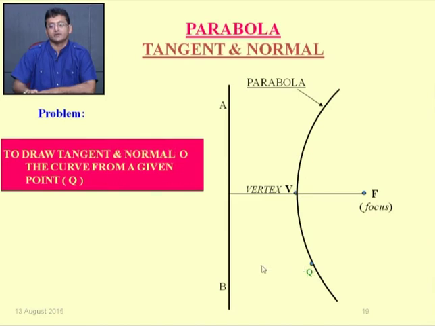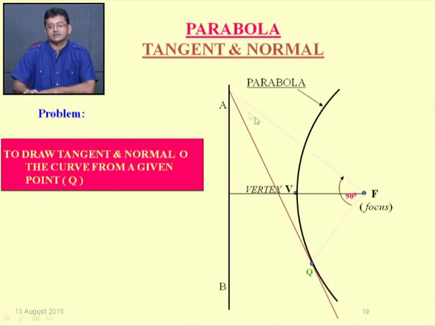first of all, join this Q with F. And draw a 90-degree angle at F to FQ. The point T is on the directrix line.